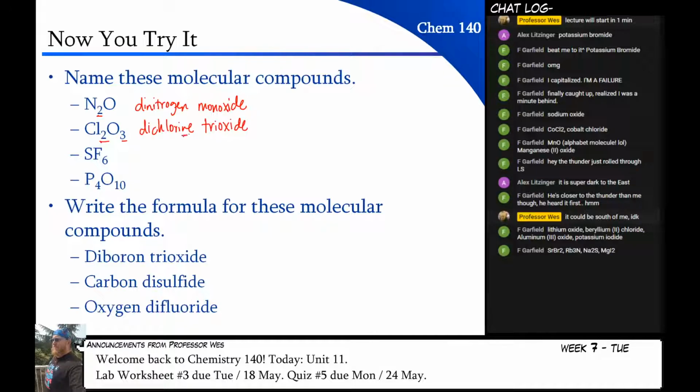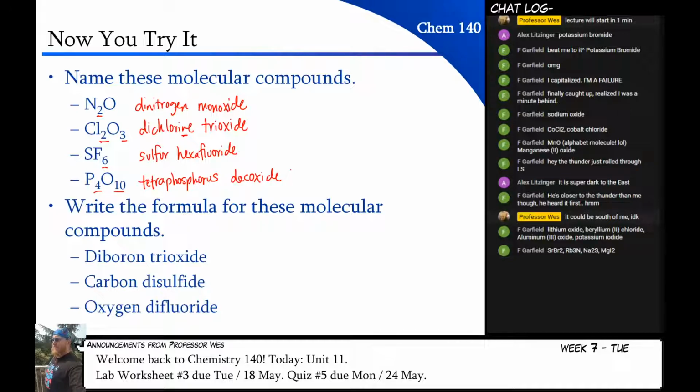Be careful, we're so used to writing chloride, but since chlorine comes first, you'd name it as if it were just the element. Then we have sulfur, and then we have 6, so that's hexafluoride. And then for P4O10, there are 4 phosphorus, so tetraphosphorus. And then 10 is deca, but because it's oxide, we go decoxide.